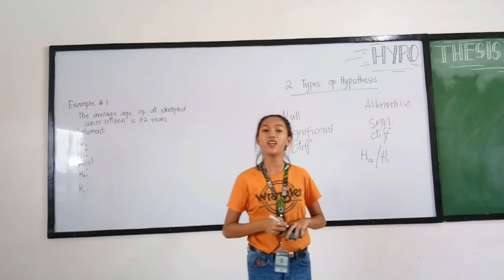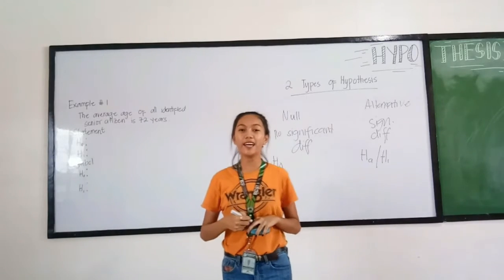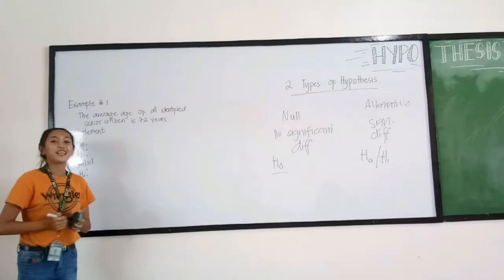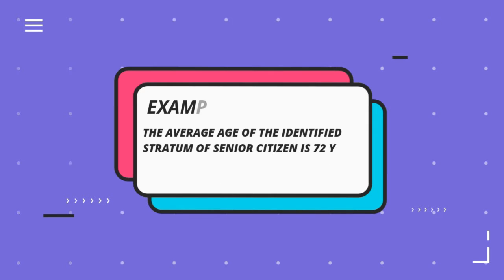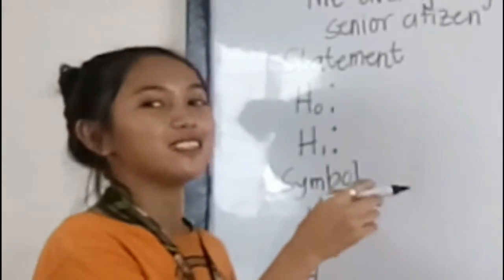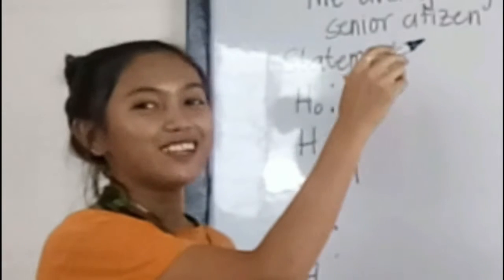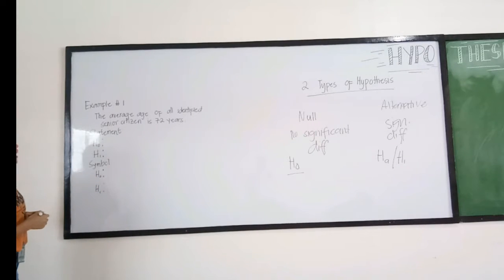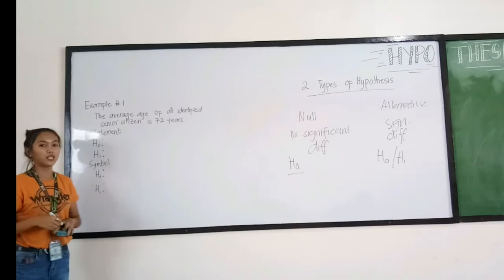So now let's proceed on how to formulate hypothesis in two ways, the statement and the symbol form. Example number 1. The average age of all the identified senior citizens is 72 years.